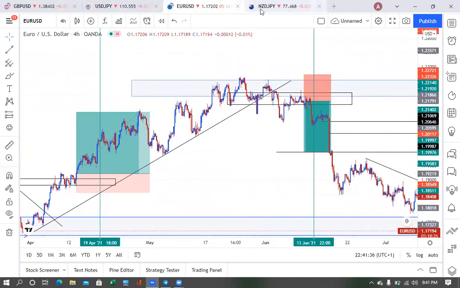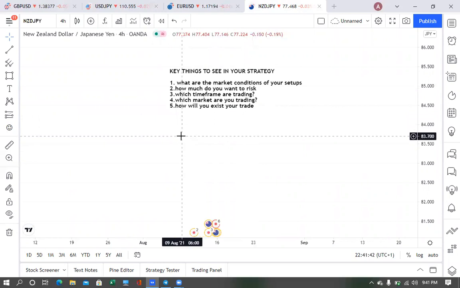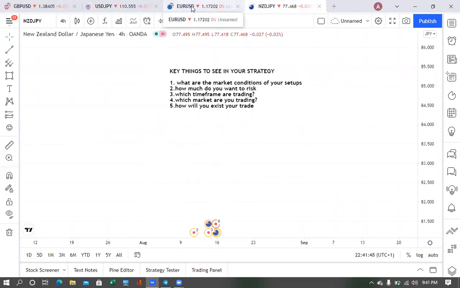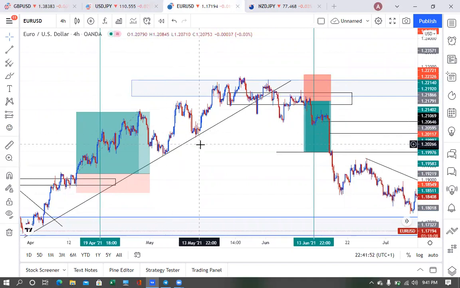So now, let's move to the second one. How much do you want to risk? In some cases, the strategy that you are using can really tell you the amount you are to risk, or the percentage, your risk to reward ratio.